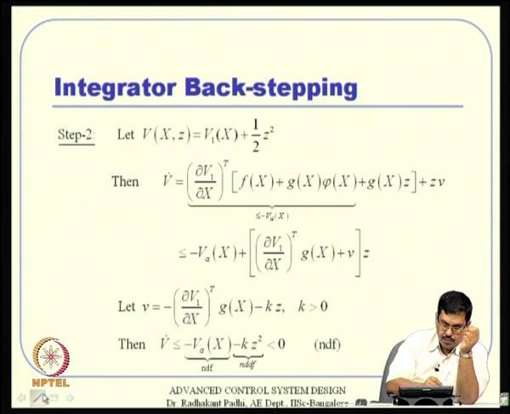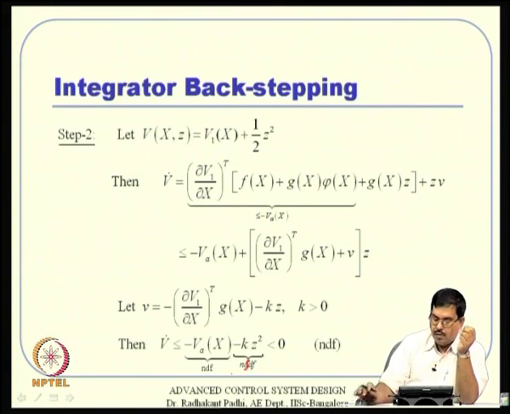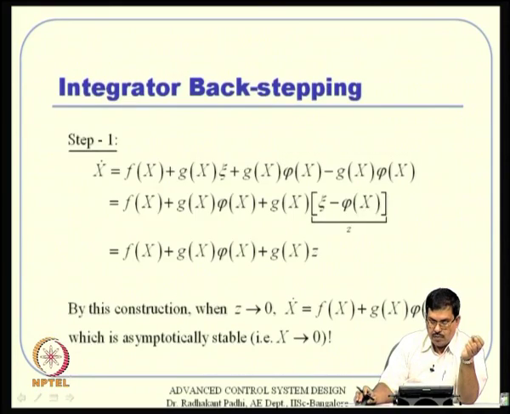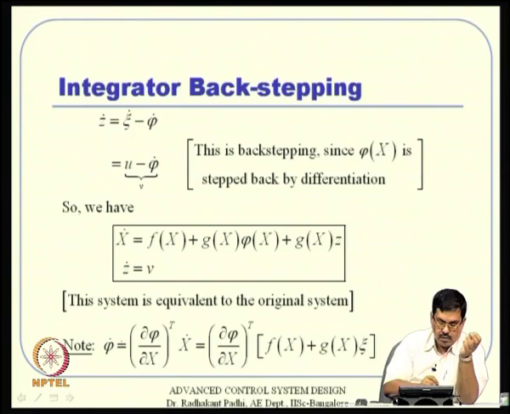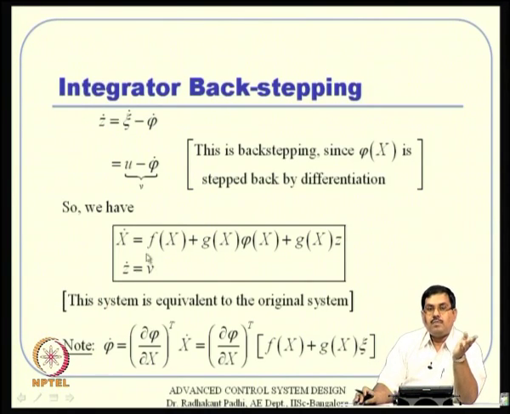If you see the total system dynamics, the entire Lyapunov function must contain both x as well as z. Then only can we conclude something about the system dynamics, because if any part is left out, we will have only a negative semi definite idea there.